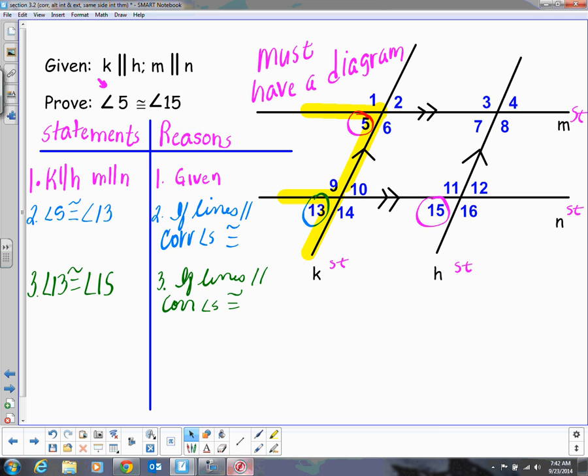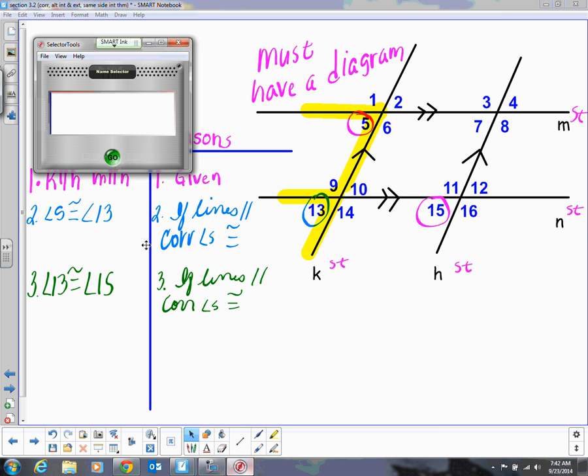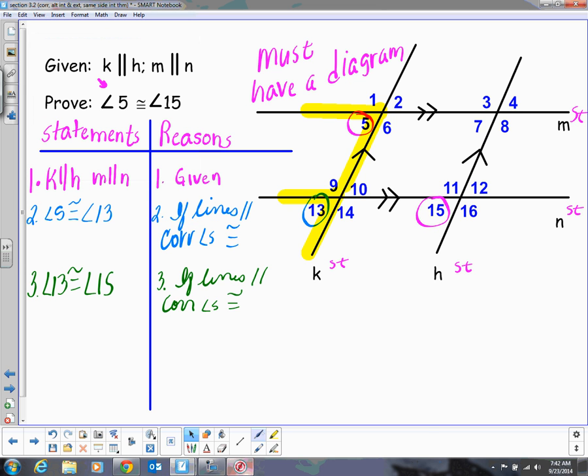All right, before you go any further, you need to clean up what you have. You've got 5 congruent to 13. You've got 15 congruent to 13. What can we say, McKenna? Looking at this, what can you say? And what's that reason? 5 and 15 both equal 13.